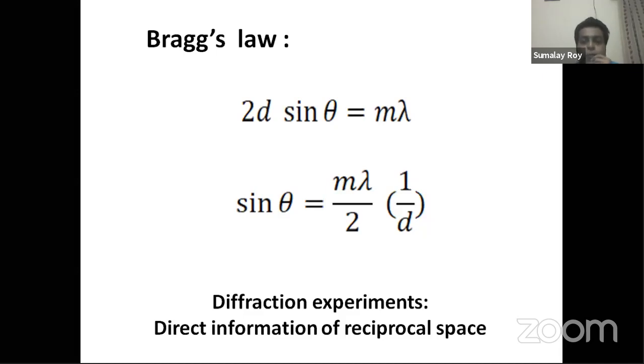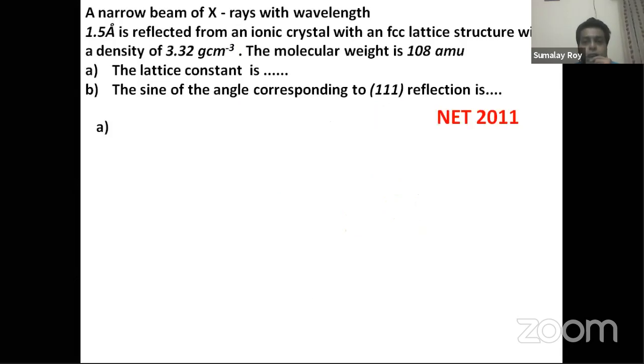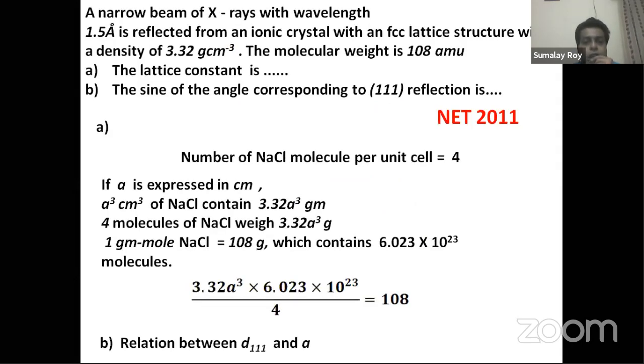So the diffraction experiment will directly give you theta, not d. Of course, from 1 by d you can convert it to d. But what you get directly from any diffraction experiment is 1 by d. And to know the lattice structure, we always do the diffraction experiment. That's why we come to know the reciprocal space. That is the importance of reciprocal space.